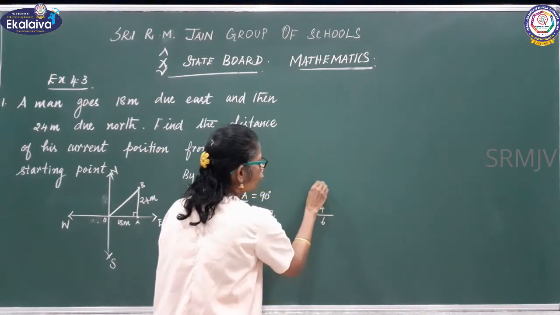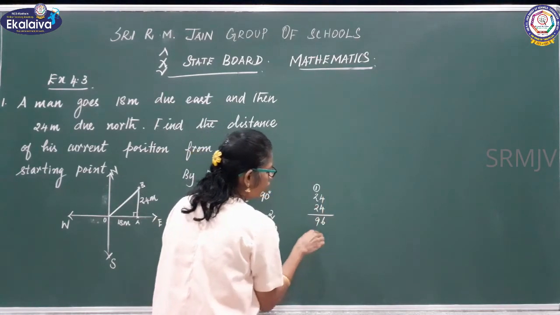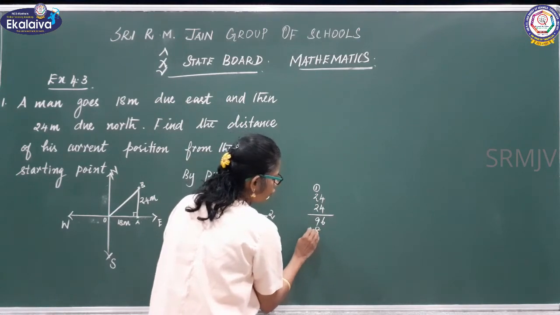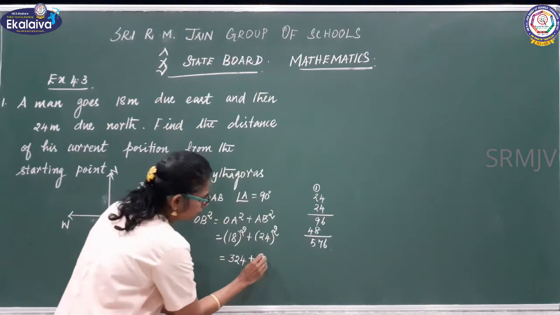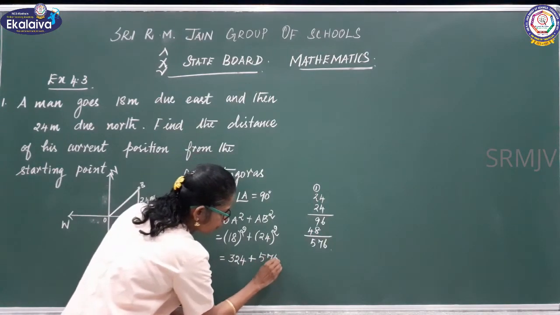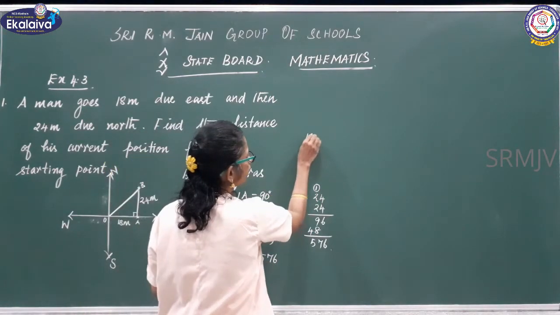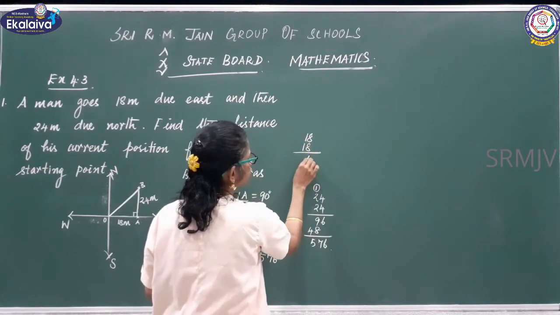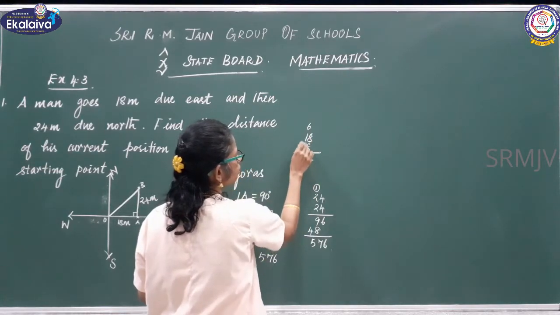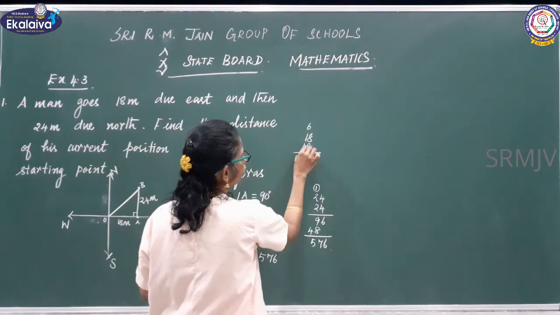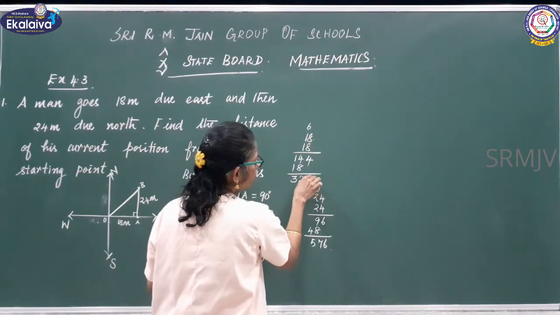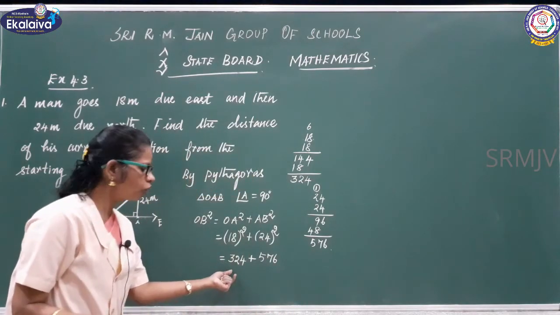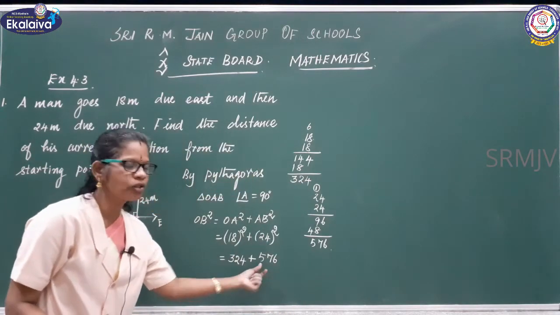The same way, if you want 18 into 18, you can multiply and see: 324, right? 18 square is 324, 24 square is 576.